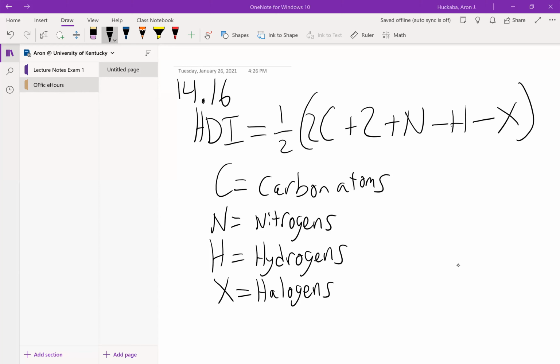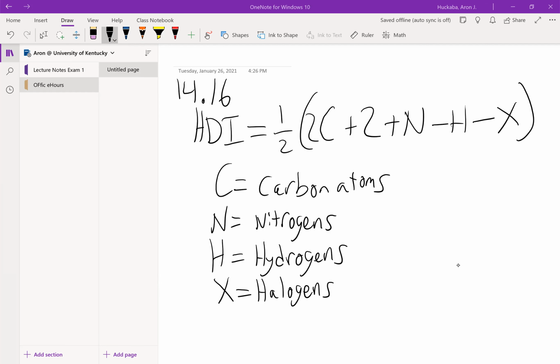In chapter 14.16, you'll find a description of how to calculate what's called a hydrogen deficiency index. The hydrogen deficiency index tells you if there are rings or double bonds present in a molecule, because if a molecule is termed hydrogen deficient, we will know it from this formula.